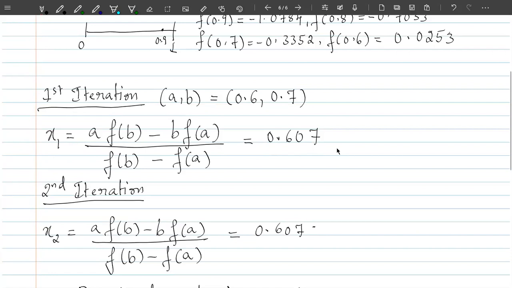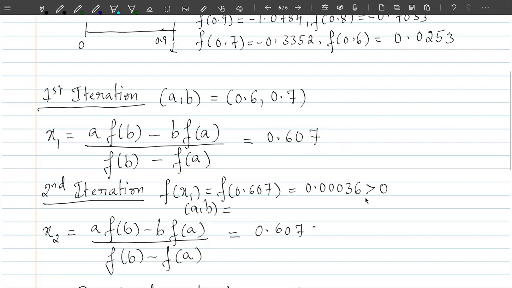We can perform the second iteration, that is f of x1, that is equal to f of 0.607. If you solve it, your answer is 0.00036. This is a positive value. So how do you make an interval a comma b?